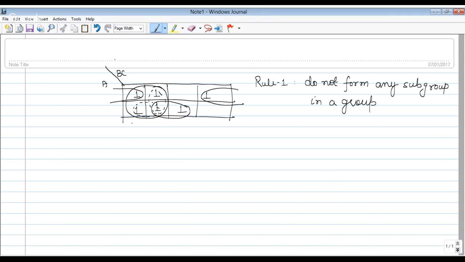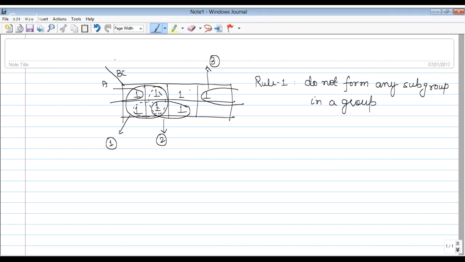You have to first form the biggest group and then form smaller ones, and if there is any possibility of repetition, you have to consider that. In this case, there are 3 PI, 1, 2, and 3. There are only 3 PI and all 3 are EPI.